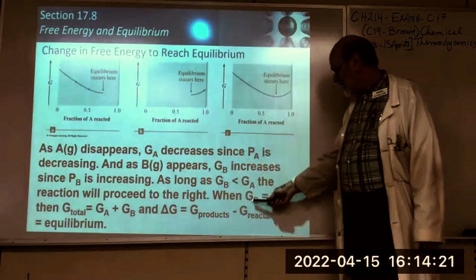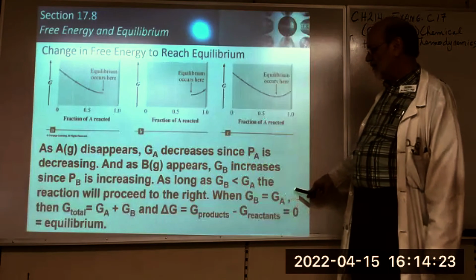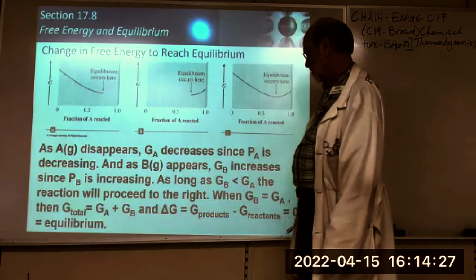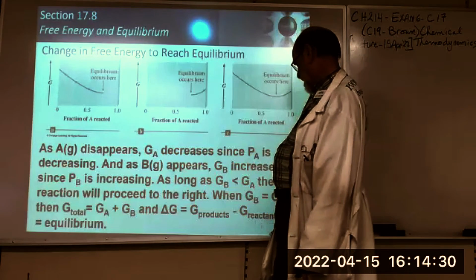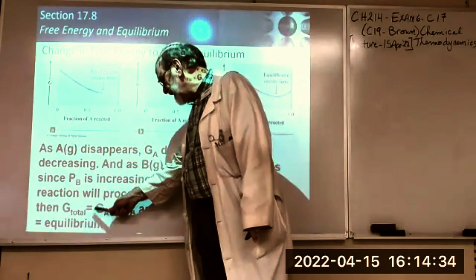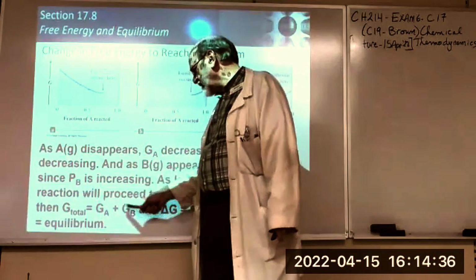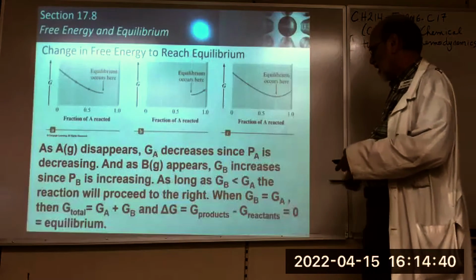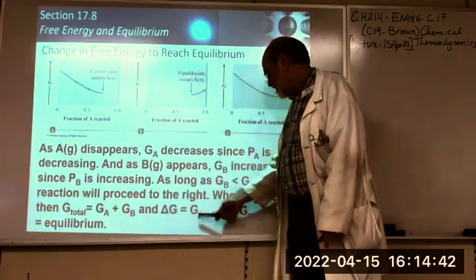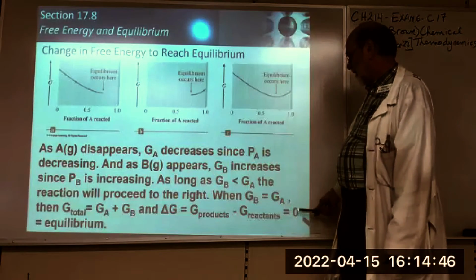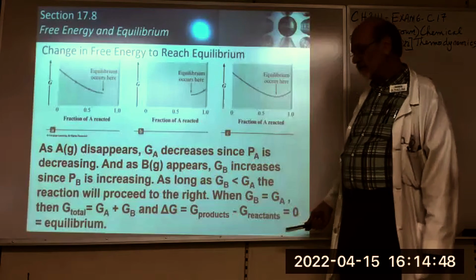When the free energy of B is equal to the free energy of A, then the total G, being equal to the G of A and the G of B added together, and the change being equal to the G of products minus the G of reactants, has to be equal to 0.